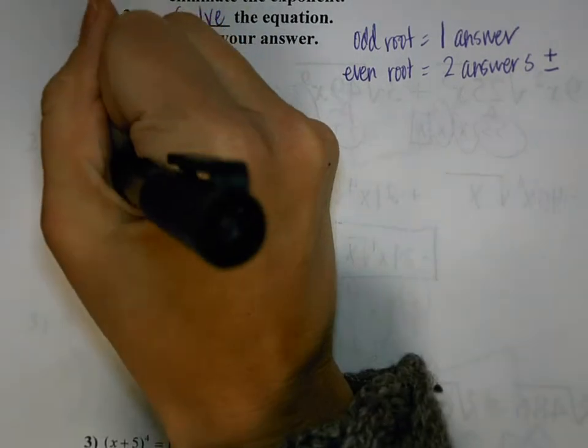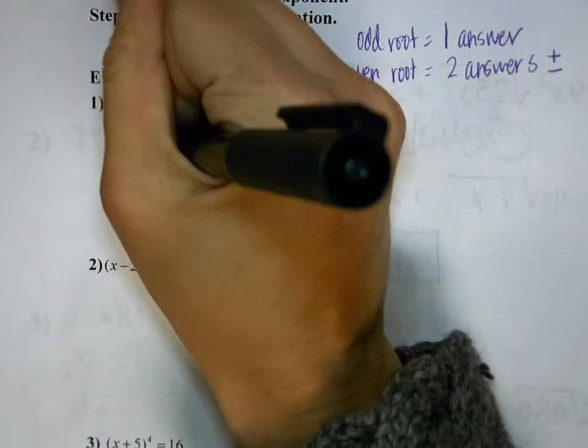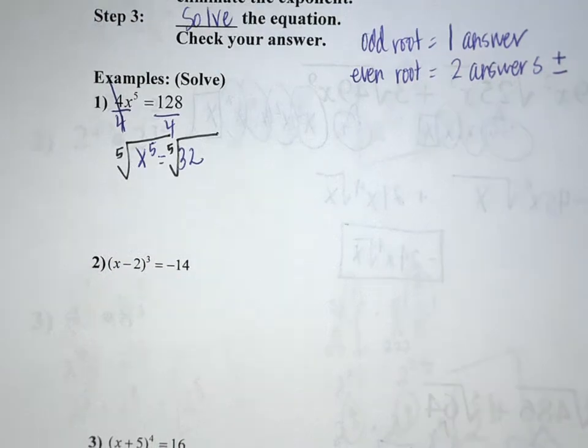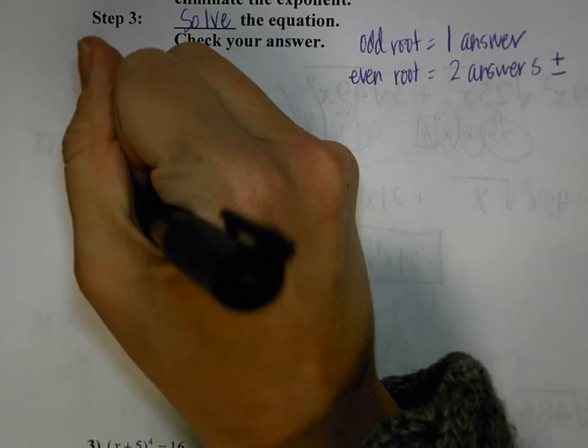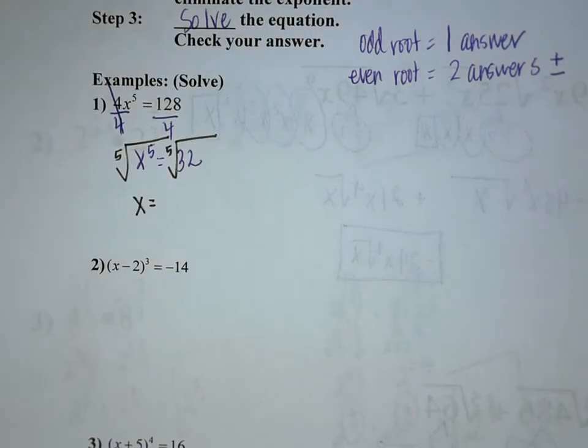So we're going to take the 5th root of both sides. When you take the 5th root of x to the 5th, what does that become? X. Is this answer going to be plus or minus? No, because I took an odd root.